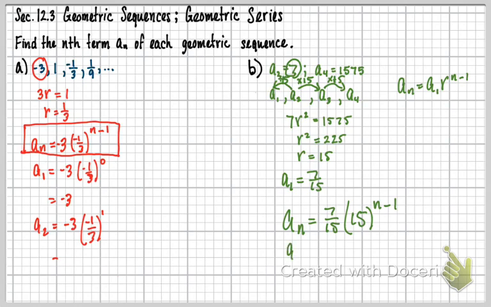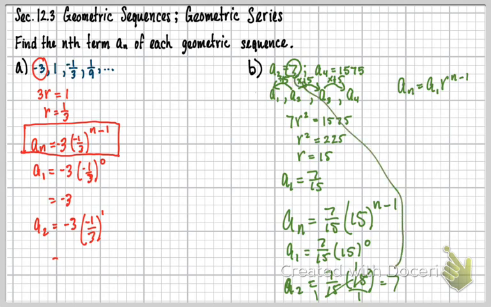So then when I do A1, my A1 is 7 over 15 times 15 to the 0 power, okay, which is going to be 7/15, which is my A1 here. Okay, and then when I do A2, that's going to be 7 over 15 times 15. And if I think about that over 1, those cancel. I get 7, and that is my A2 there.